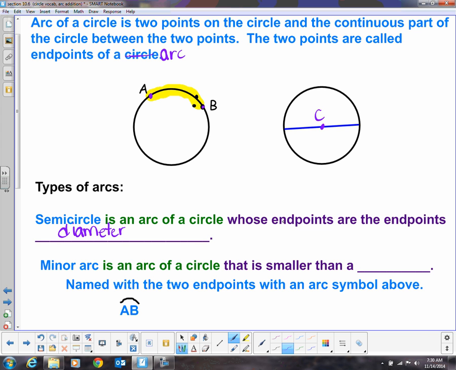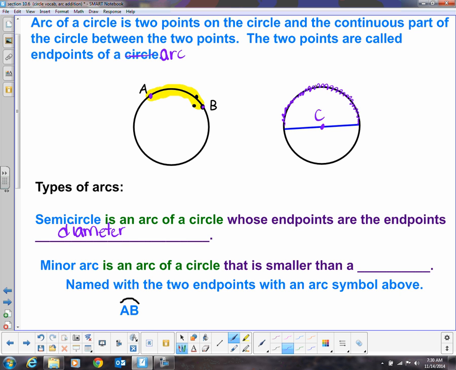That's center C. The interesting thing is, after this test, we're going to be working solely in degrees. So, we can make that switch, because everything we do from here on out is going to be in degrees.